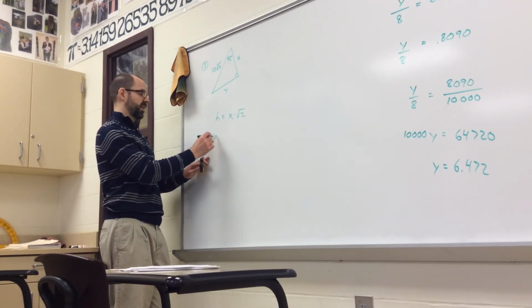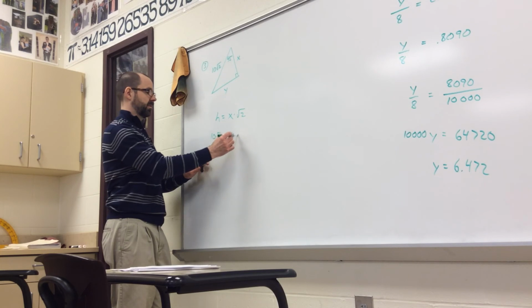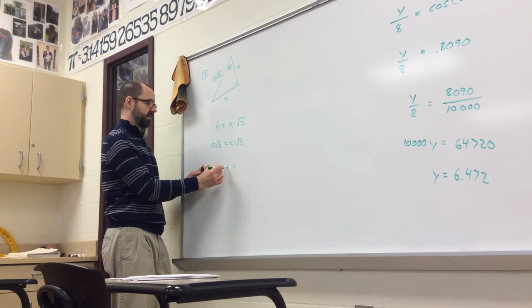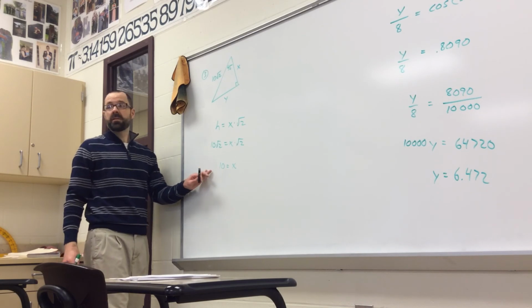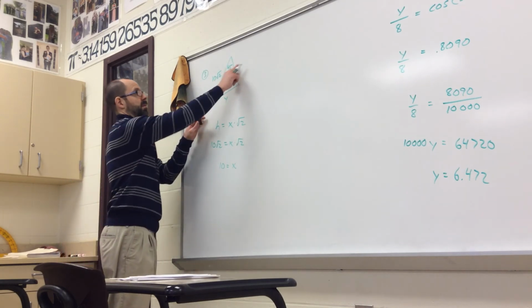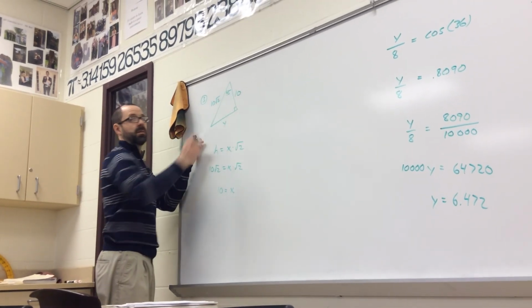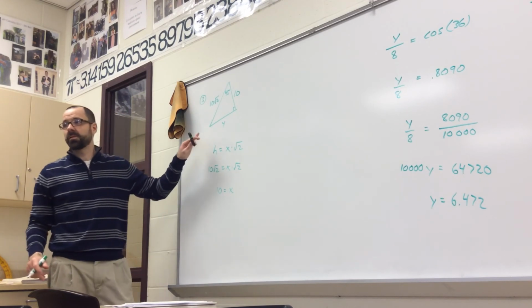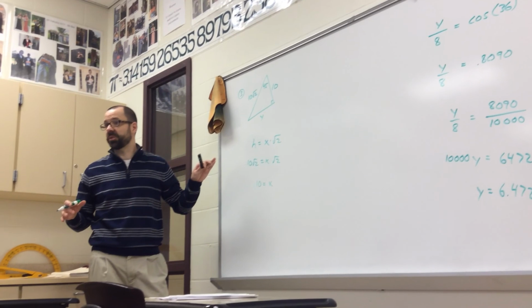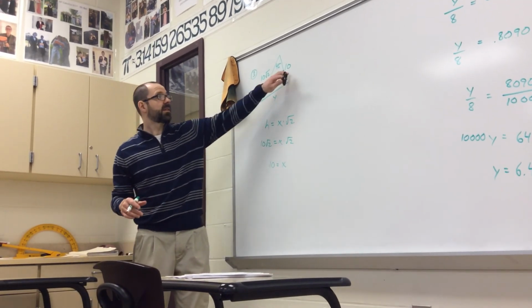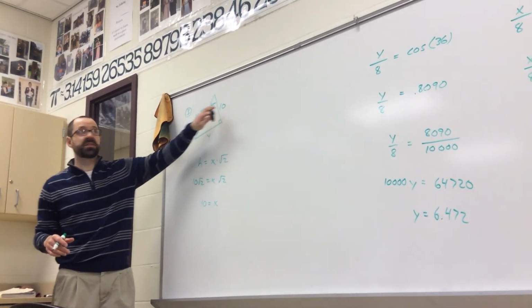So they gave us the hypotenuse. So that means that the leg is 10. So this one is easier because it's one of the special ones we learned last week. 45, 45, 90. This is 10, and then this is 10 root 2.